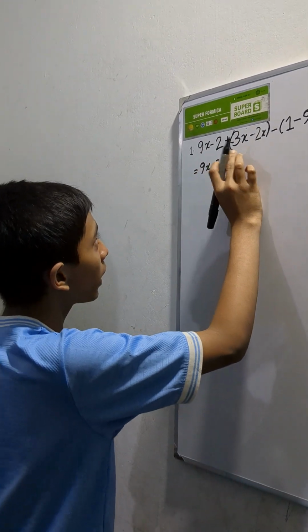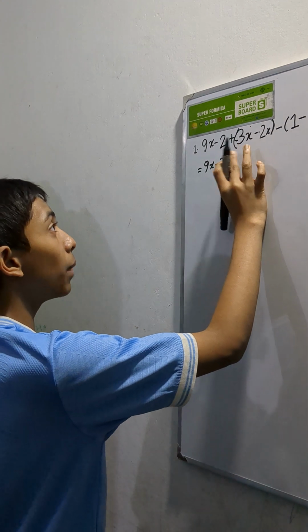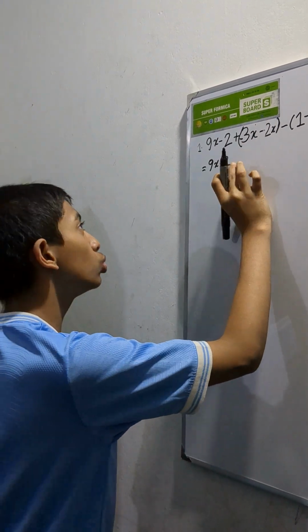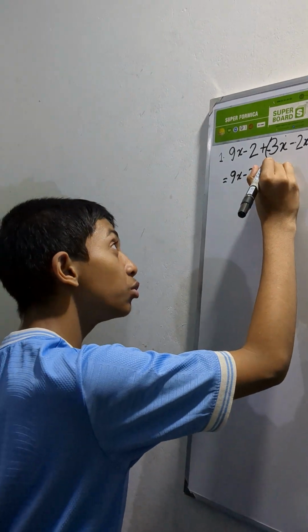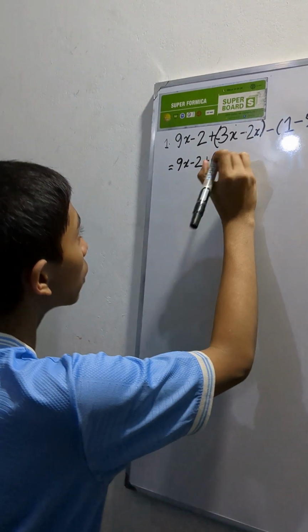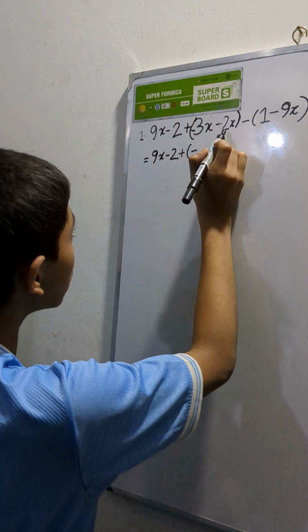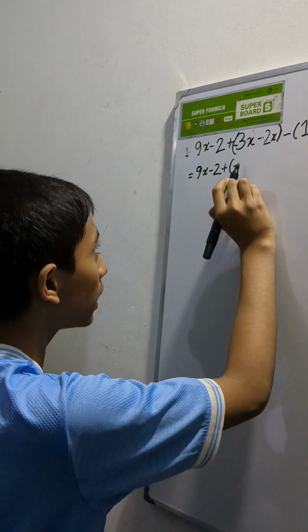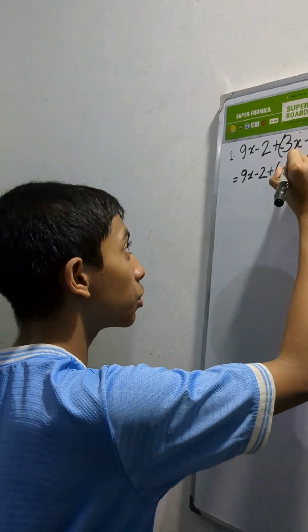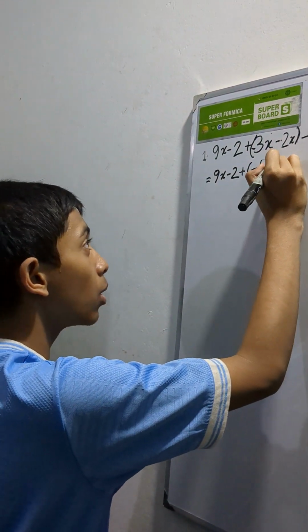We can multiply this, right? So 3x minus 3x minus 2x is equal. At first we'll write plus, then we will give a bracket. Here will be a minus sign, then if we multiply minus minus it will be plus, so we will add this and it will be 5x.